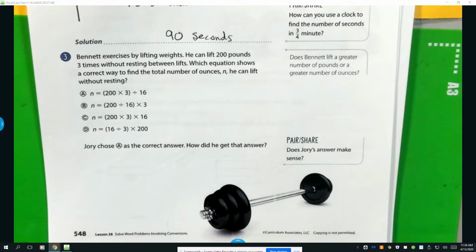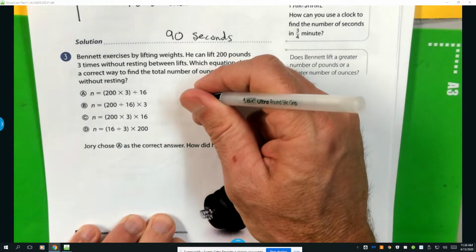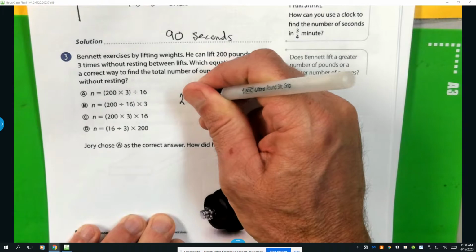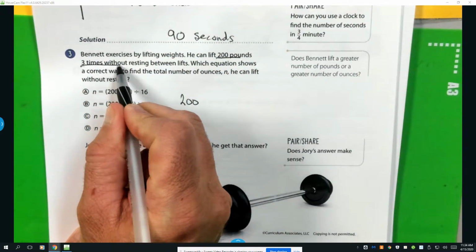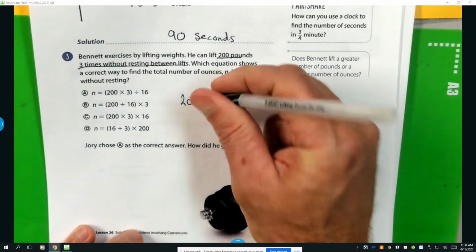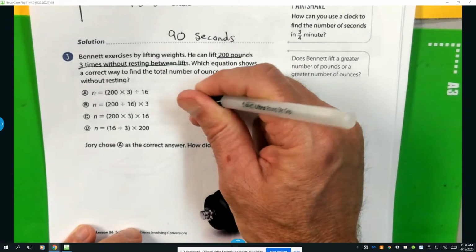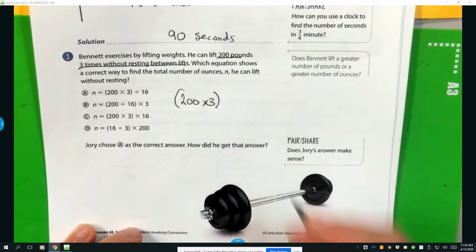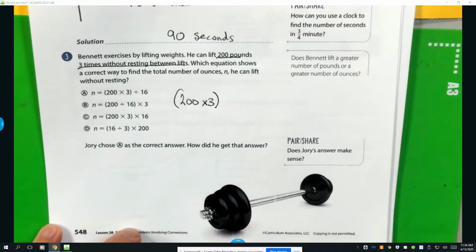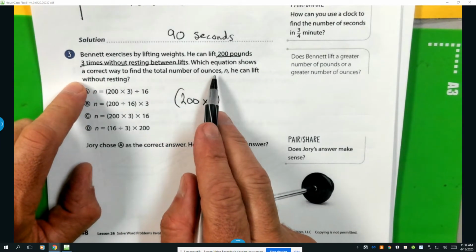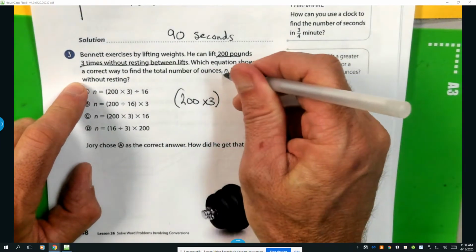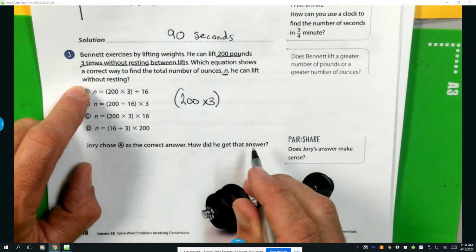So I really don't like it, but it's saying he can lift 200 pounds 3 times without resting between lifts. So they're wanting to show this. And then, which equation shows a correct way to find the number of ounces N he can lift without resting?